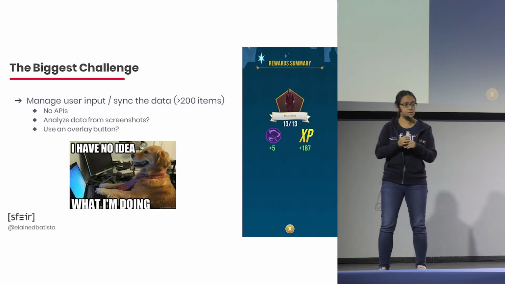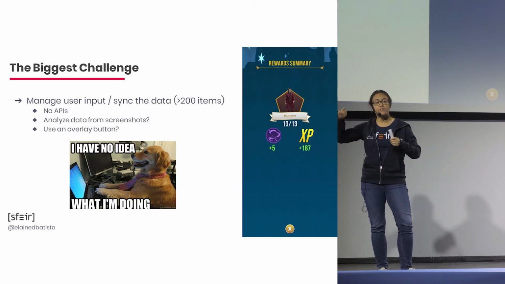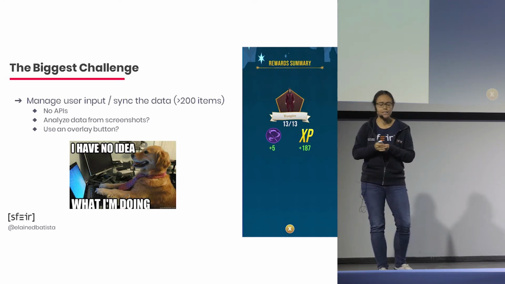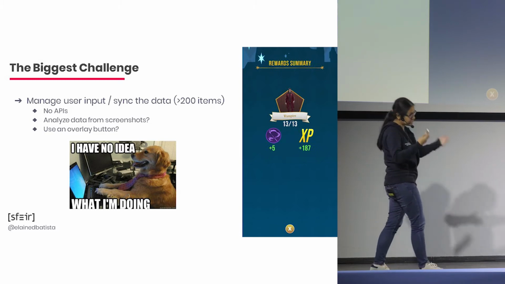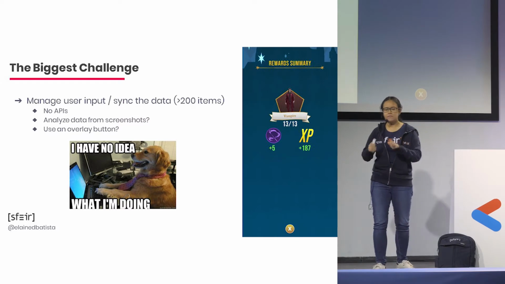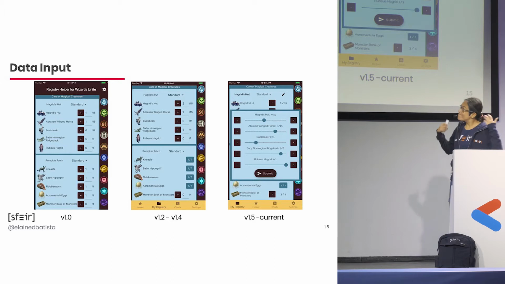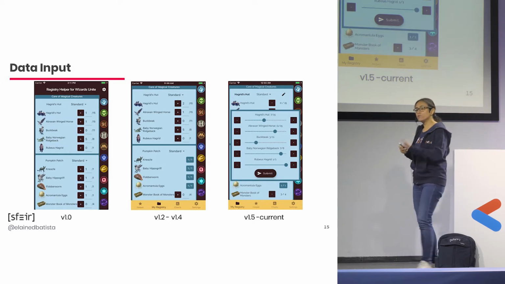And on Android, it's even cooler, because you can show an overlay button that would trigger the screenshot and do that. But I have never done that. I know that it's possible. So I was like, okay, let's not start with that. This is too hard for a first step. So the data, unfortunately, has to be put in manually.